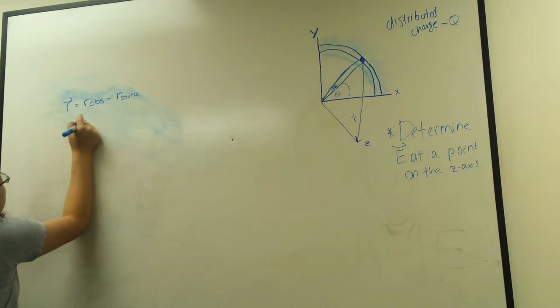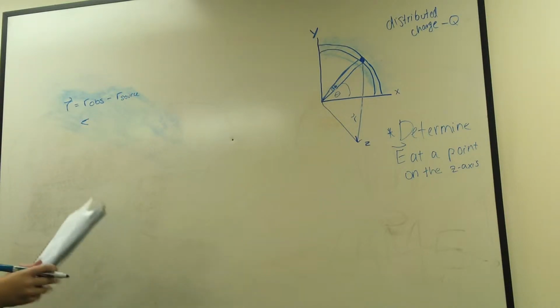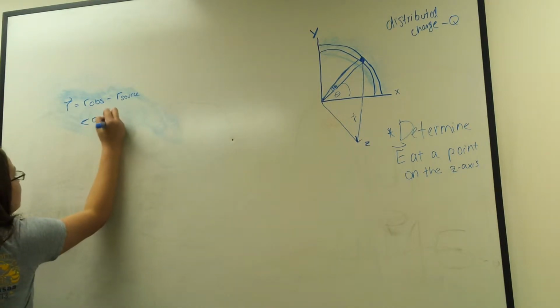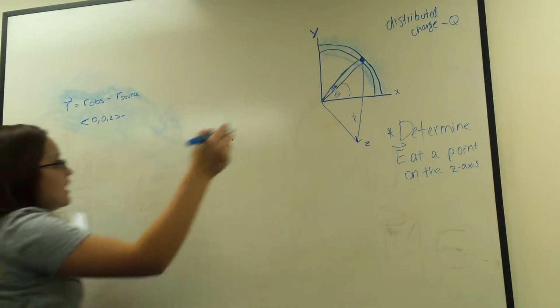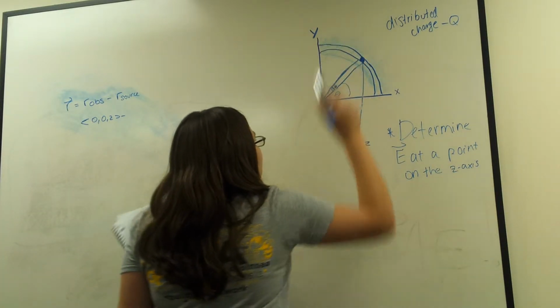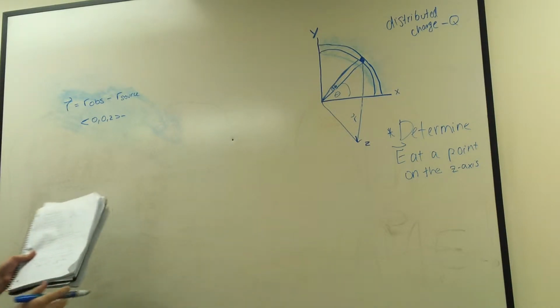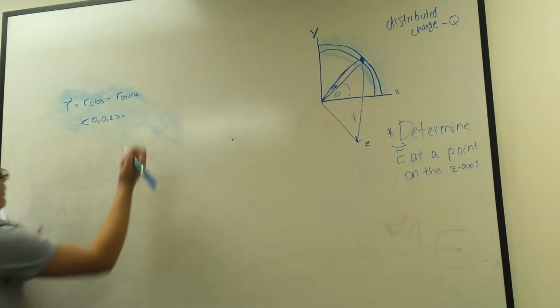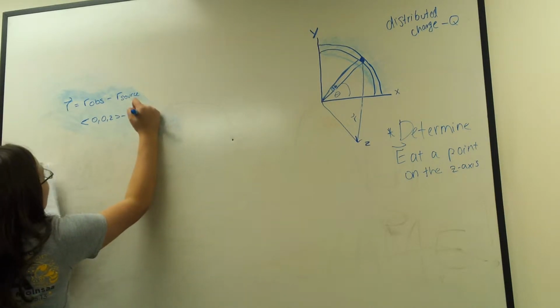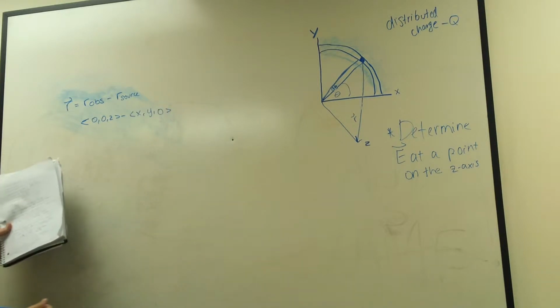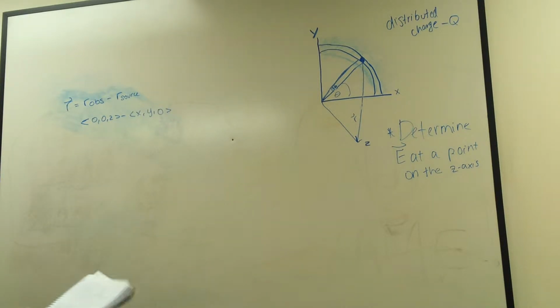Our R observation is this point here on the z-axis, so 0, 0, Z. And our R source is coming from this point right here. If you'll remember from polar coordinates, when you have a circle, X and Y convert to R cosine theta and R sine theta respectively.